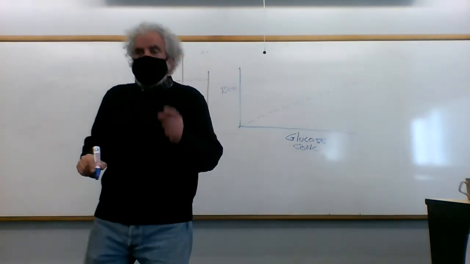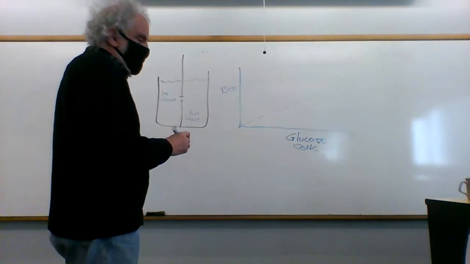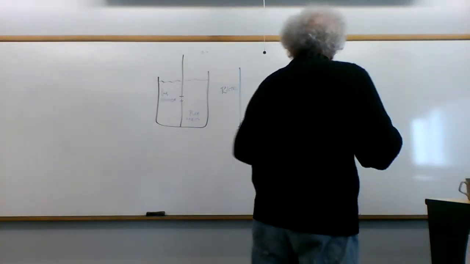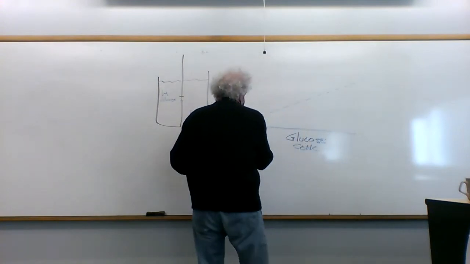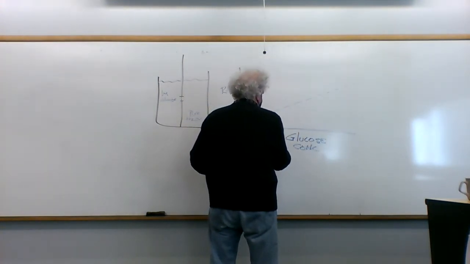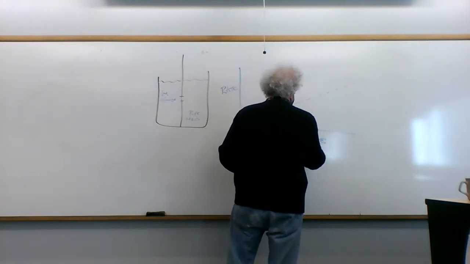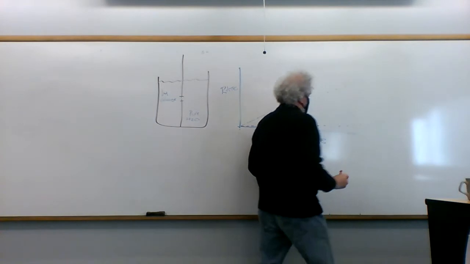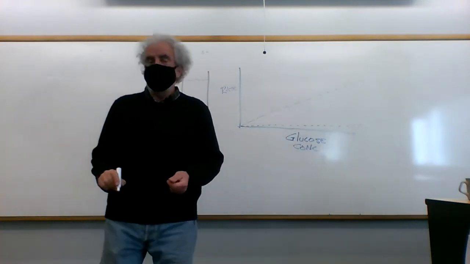Okay. Now, when you add phospholipid, just pure phospholipid, all of a sudden it drops, because the glucose is not able to diffuse across this phospholipid bilayer very effectively.